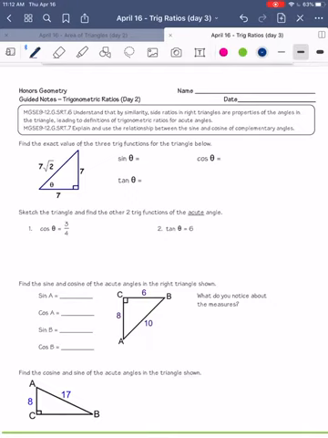Okay, so this says, find the exact value of the three trig functions for the triangle below. So I've already put theta here, so I'm going to go ahead and label. Let's use a different color. That doesn't show up well. All right, so this is our H, this is our O, and then our A is the remaining side. All right, so sine, let's go ahead and write SOHCAHTOA up here.